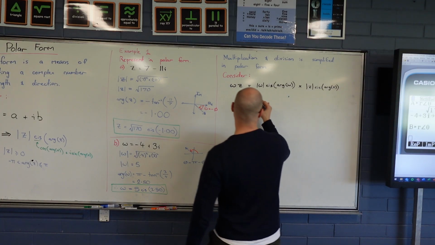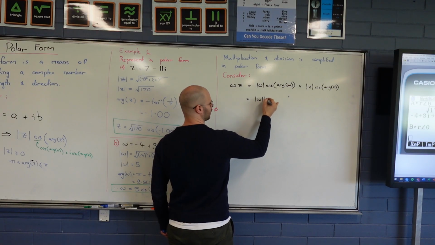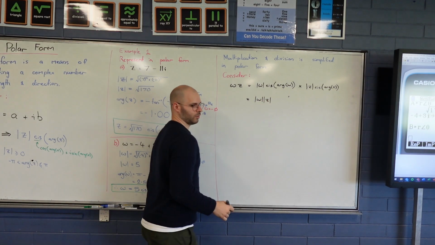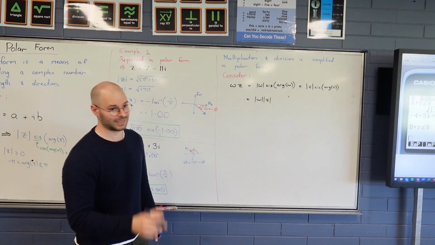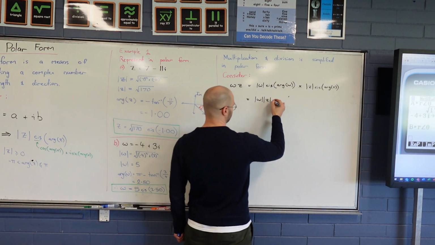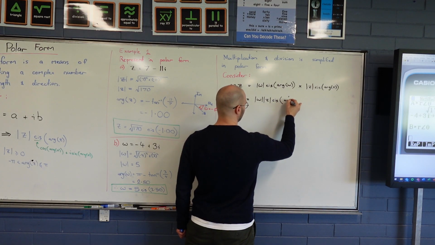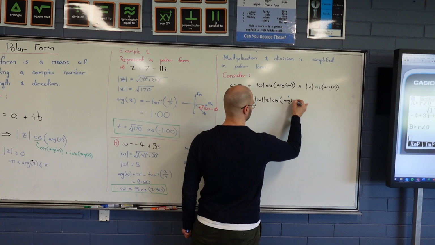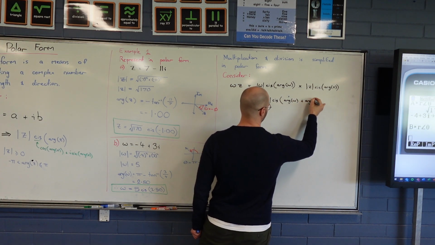And now, look what happens. For omega z, we simply multiply the coefficients out front of cis. Then it's the argument of omega plus the argument of z.